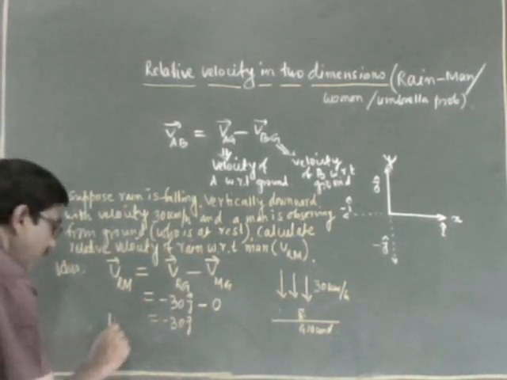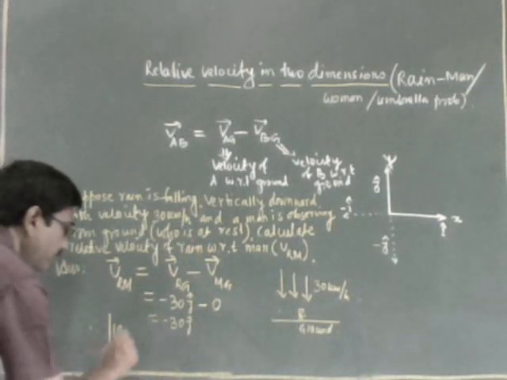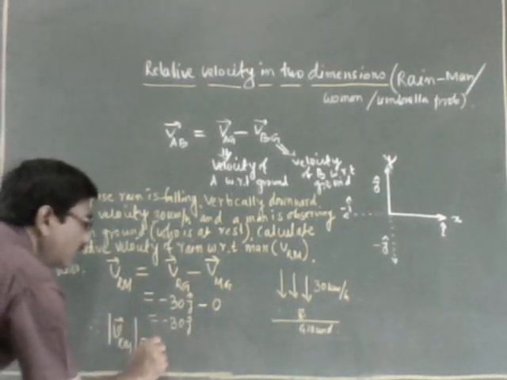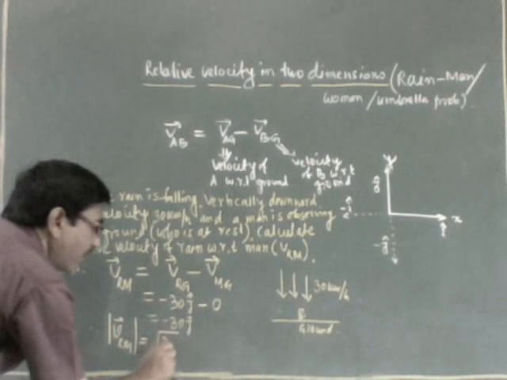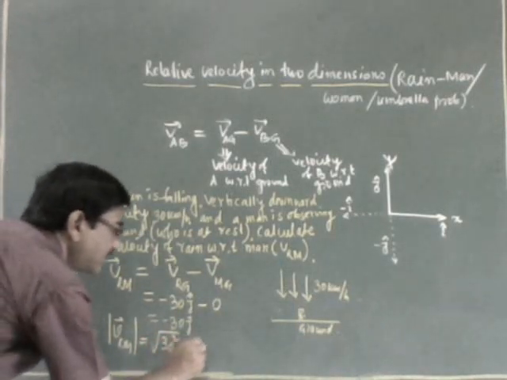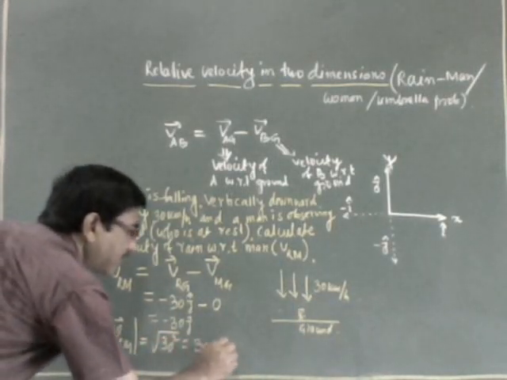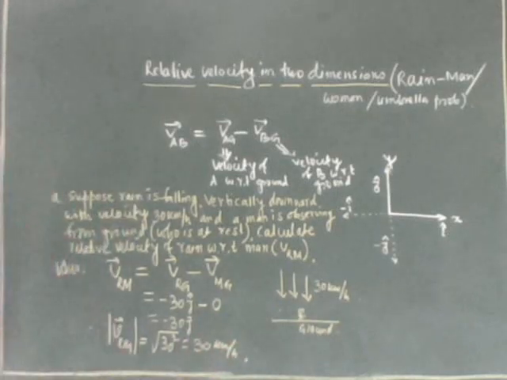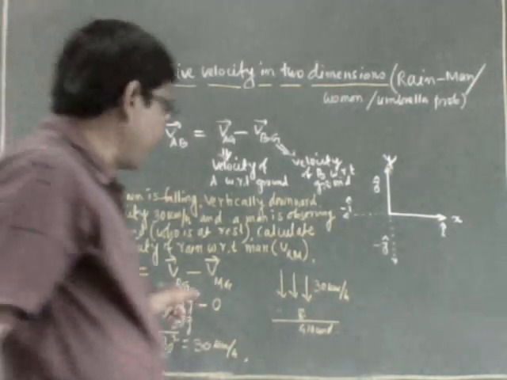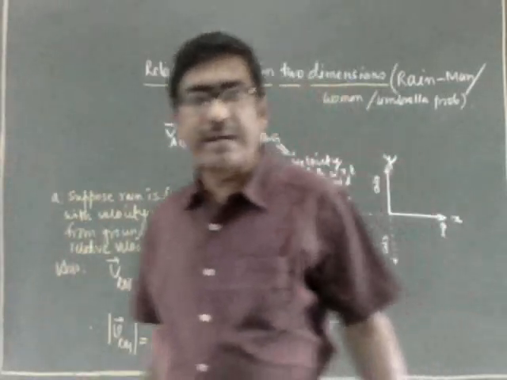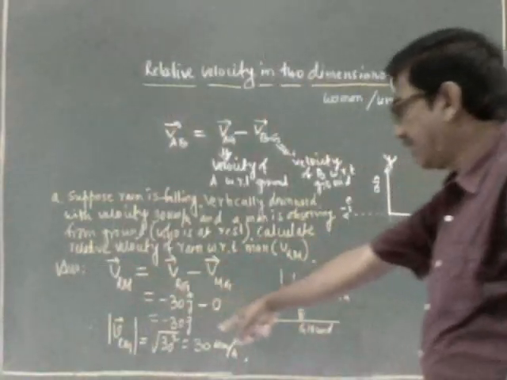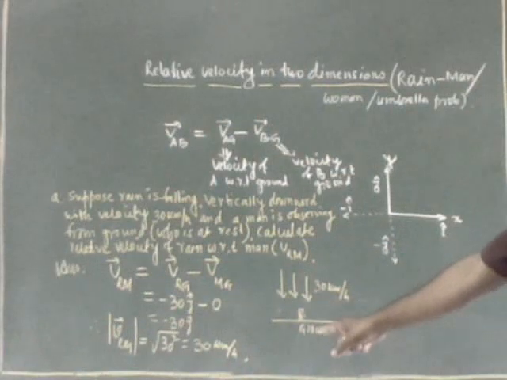Therefore, the magnitude of VRM is root of 30 squared, which means 30 km per hour. This is the velocity of rain with respect to man. Is it clear? So 30 km per hour.